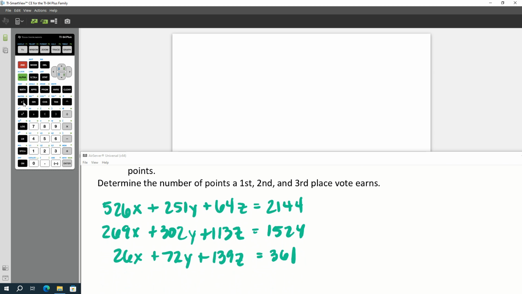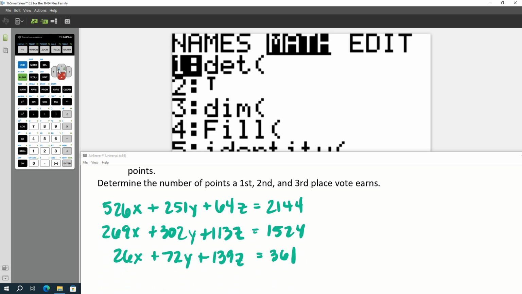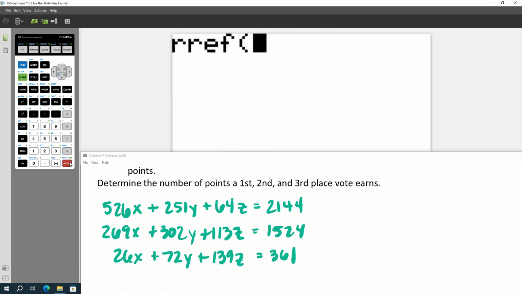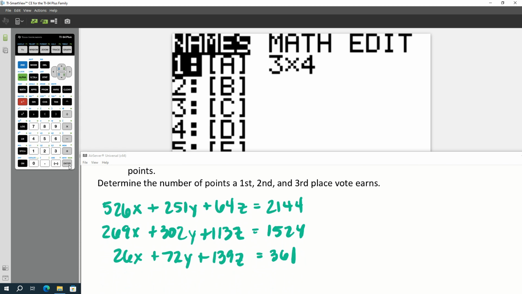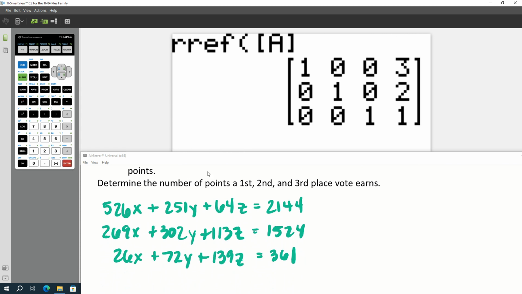Then we're going to go back to the matrix. So second, x to the negative 1, over to math, and then I'm going to hit the wrong button. I want to go up several times until I get to RREF, which is choice B, and then go back to matrix one more time and choose A, which is where we put that matrix, and then hit enter.